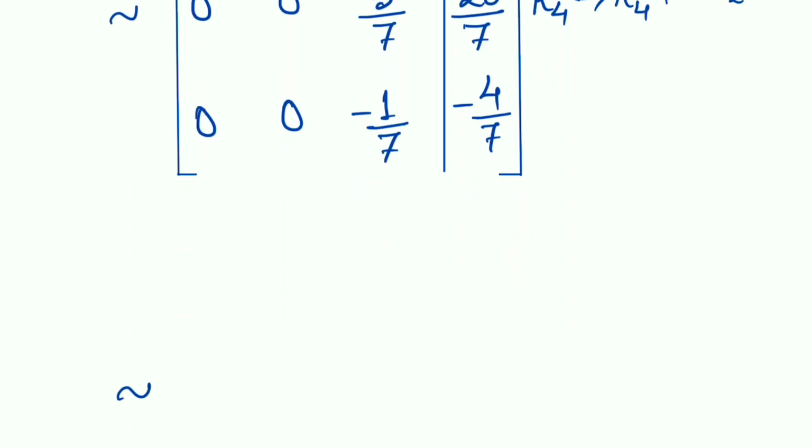Further, we proceed to make a 0 row if it's possible. So, again, we will do operations on row 3 to convert the augmented matrix to echelon form.